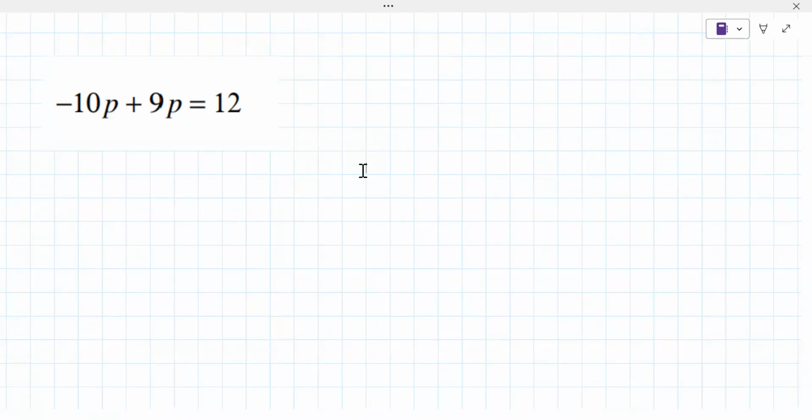So when it's a negative plus a positive, you would subtract and then use the sign from the bigger number, right? Yes.